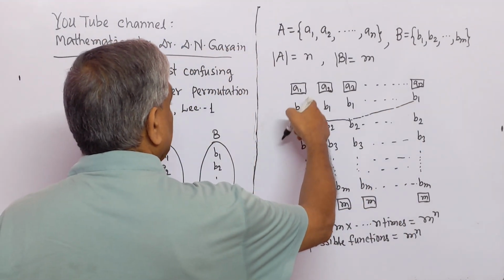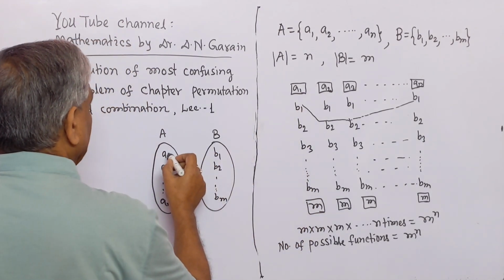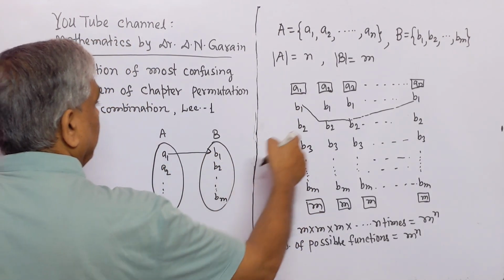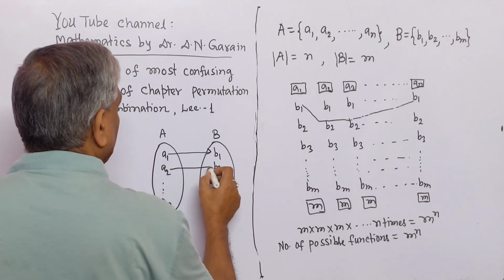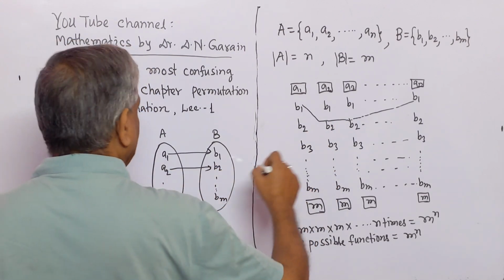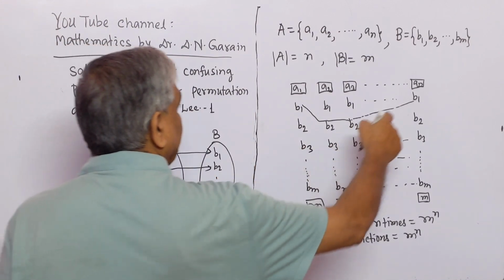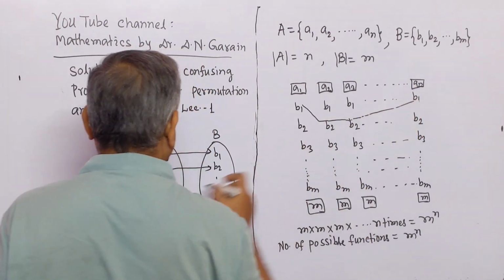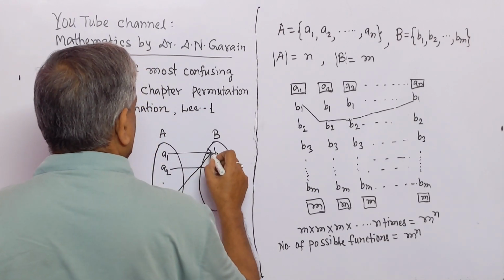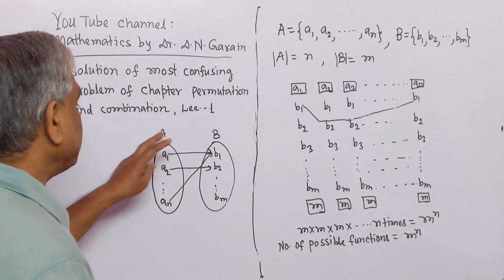This curve means the image of a1 is b1, the image of a2 is b2, and so on, and the image of an is b1. And this is a function.